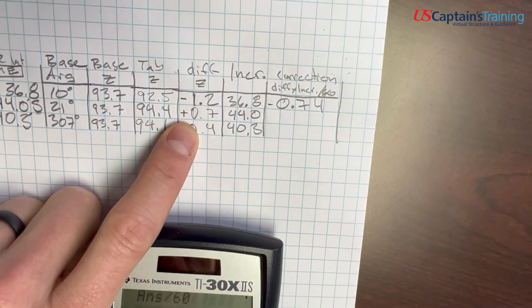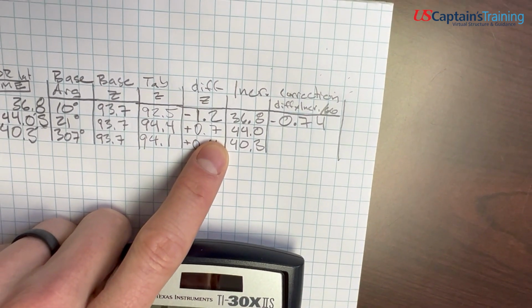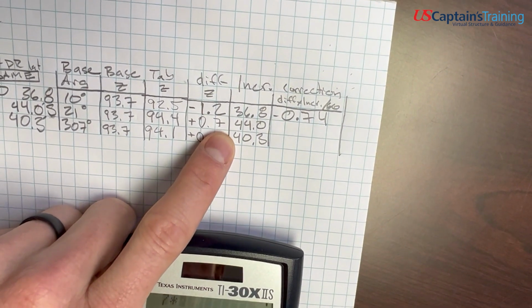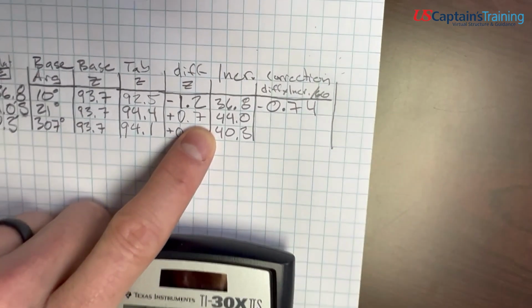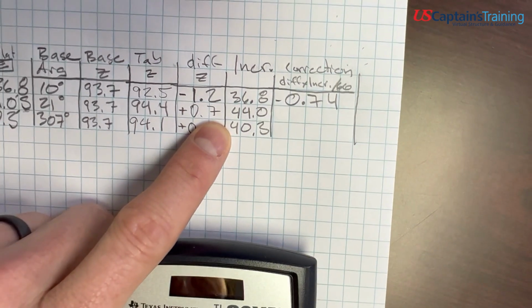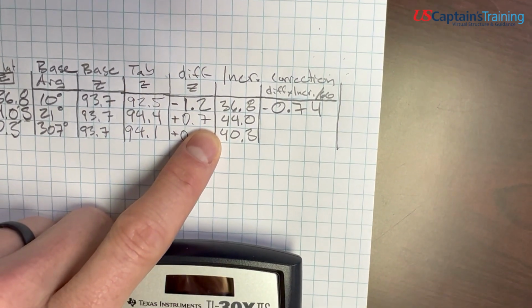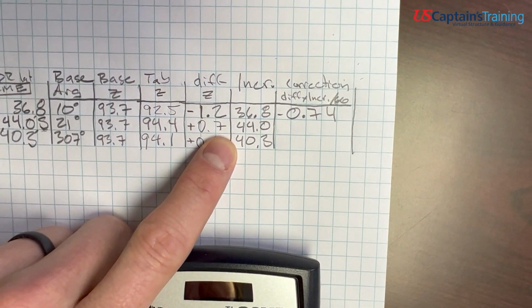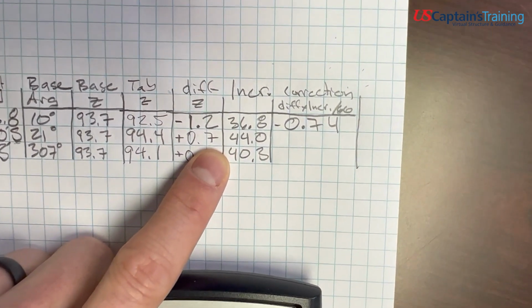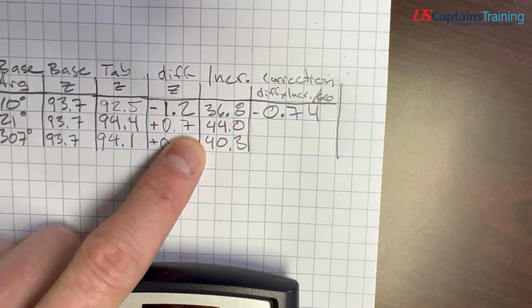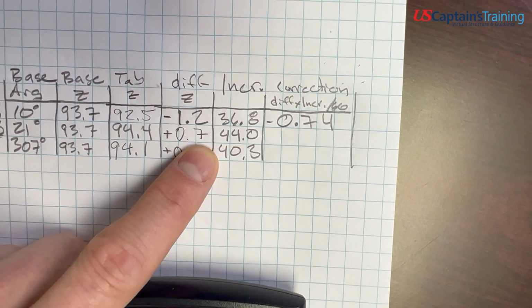Now we come down here, 0.7 times 44 divided by 60 equals 0.5.